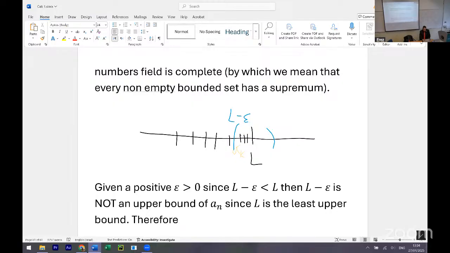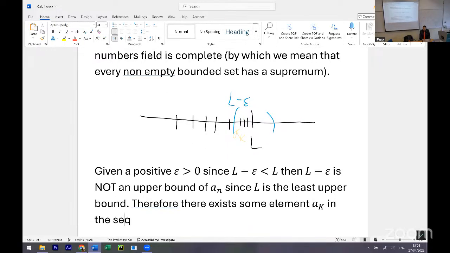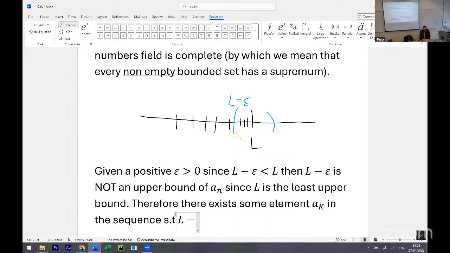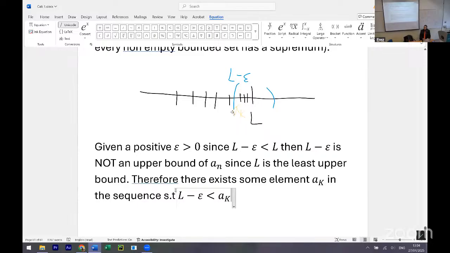Therefore, there exists some element A K in the sequence such that A K is larger than L minus epsilon. Do you agree? Okay, that's exactly what I've shown you in the illustration. Now I'm writing it up exactly.